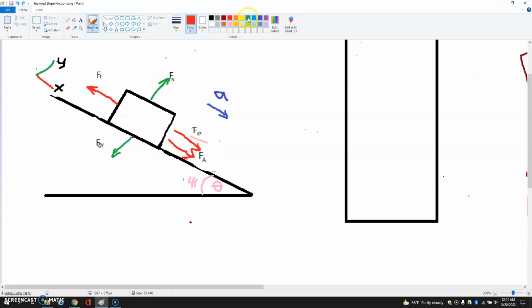Then you have your force of gravity Y and normal force also opposing each other. The gravity Y is pushing it against the hill or slope, and the normal force is pushing it back up. They are equal and opposite of each other in this situation.